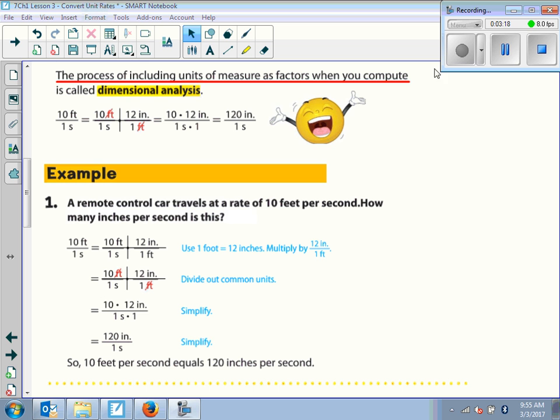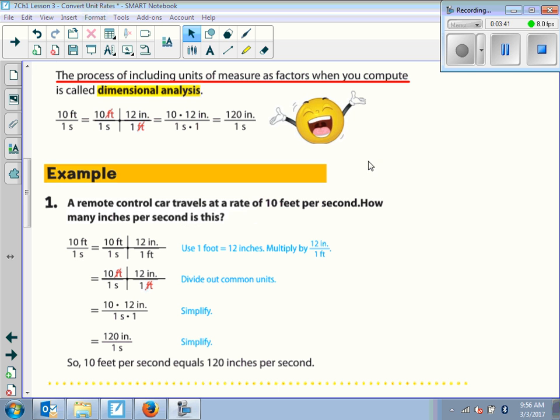In the first example, it says a remote control car travels at a rate of 10 feet per second. We want to know how many inches per second that is. So here the rate is 10 feet in 1 second.